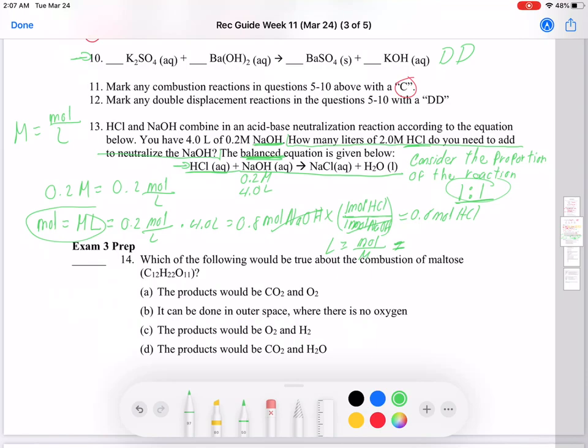Therefore, this is going to equal the 0.8 moles of HCl I just figured out, over the 2 moles per liter, or molar solution, I have. And in the end, this will be 0.4 liters of my HCl solution.